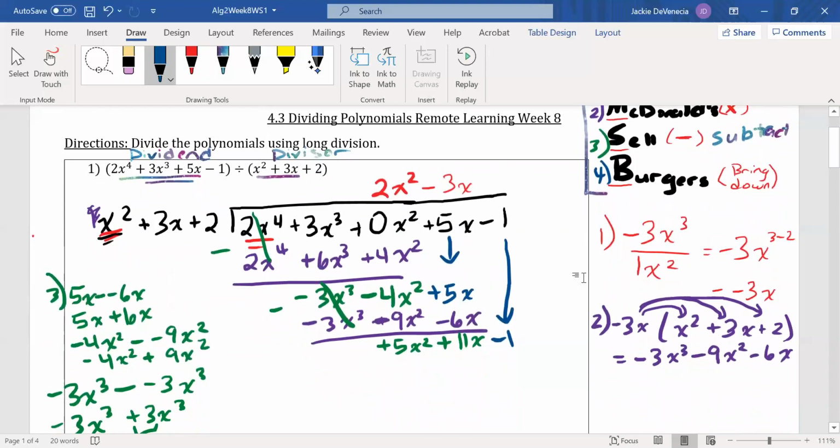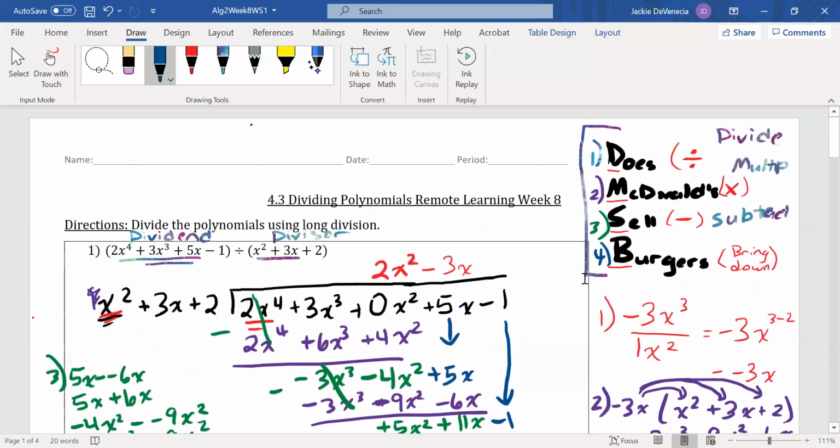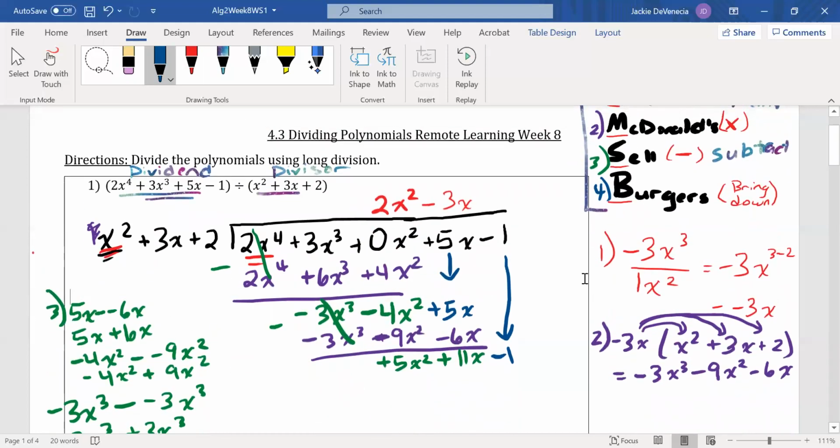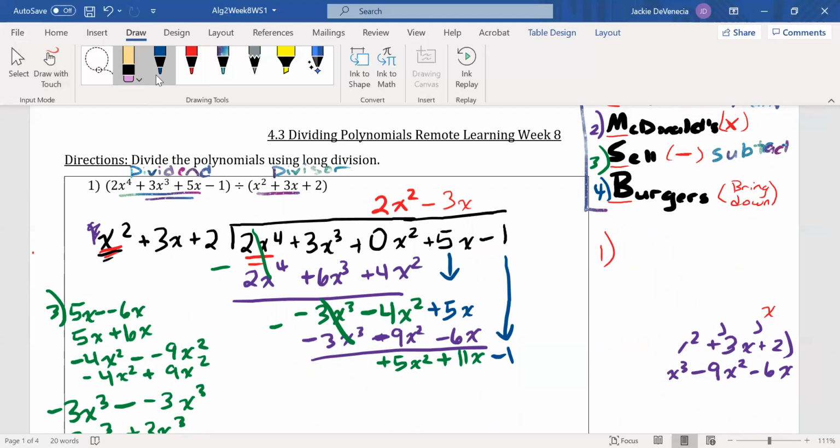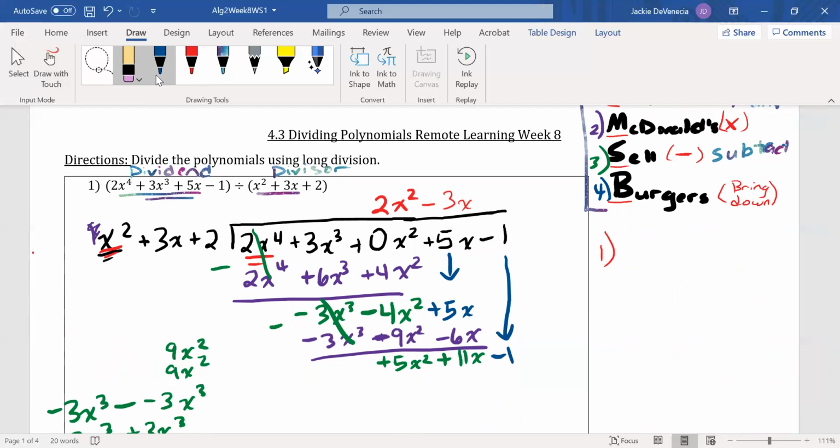Feel free to pause this video at any point so you can copy down these notes. Long division could be tricky because there's just a lot of steps, as you can see. But if you're organized and you follow the Does McDonald's Sell Burgers acronym, you'll be able to get it.